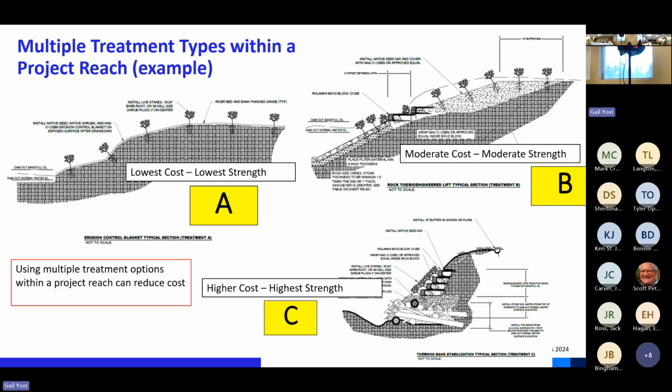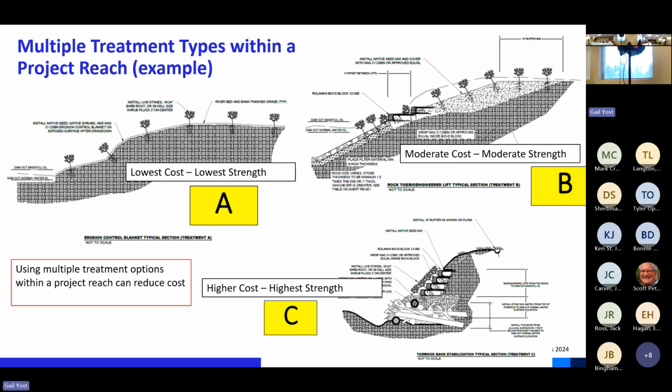Multiple treatments, I touched on this earlier. If you have a long reach, it's common that you don't have the same hydraulic conditions everywhere. You're not going to want to do the same treatment through the whole project. So you might have a couple of different approaches, and part of that is probably cost savings as well. If you're in a constricted part of the channel, maybe a river bend, you've got your high strength option.